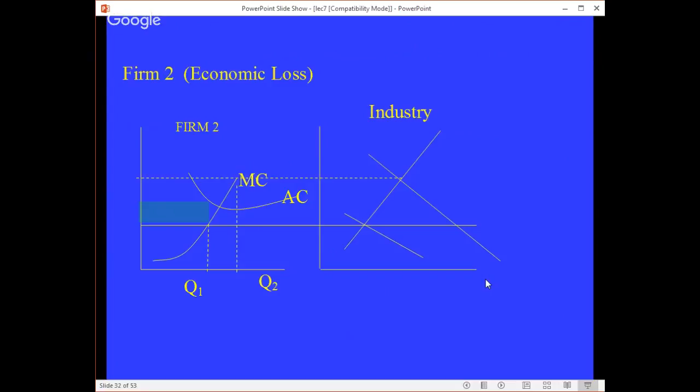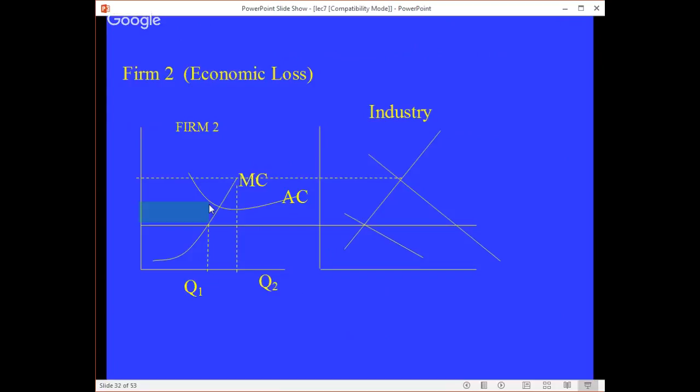Suppose I have an industry where initially the price is up here. And for some reason, demand decreases and shifts to the left towards the origin. Down here at this price, where price equals marginal cost is at Q1, and this Q1 should be here. Firms in this case start making an economic loss. In other words, they're doing worse in this industry than you could do folding up and working for somebody else.